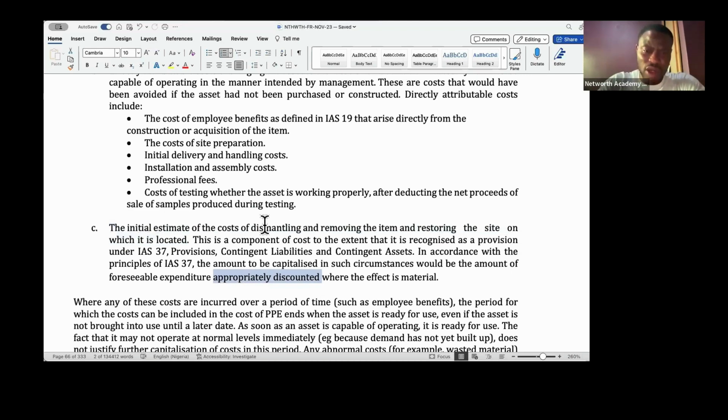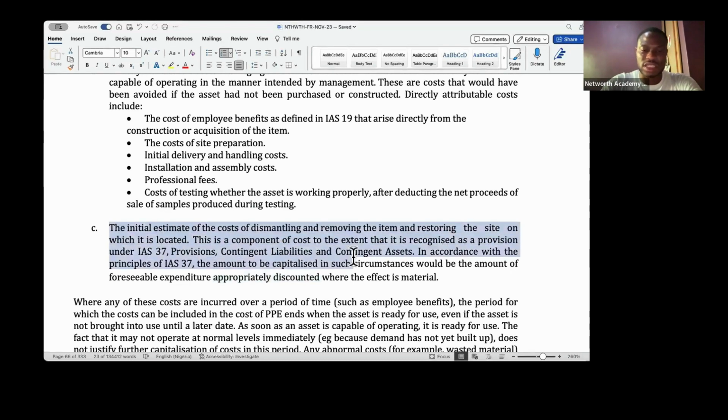Because it's not something we'll incur now, if we are adding this cost to the cost of the asset, there must be a corresponding credit, and that will be a provision, which will be recognized in line with IAS 37. And that's what this other sentence is talking about. It must also be recognized as a provision on the corresponding side.